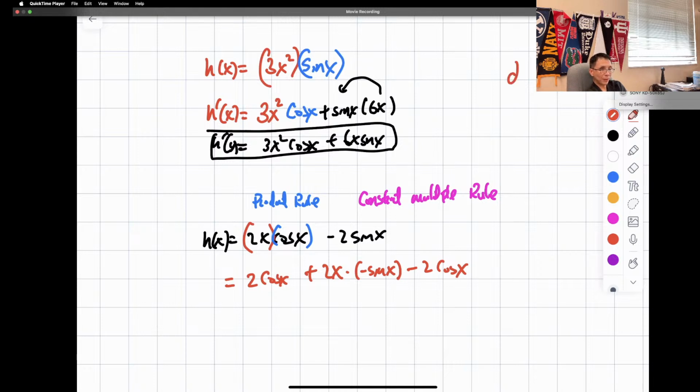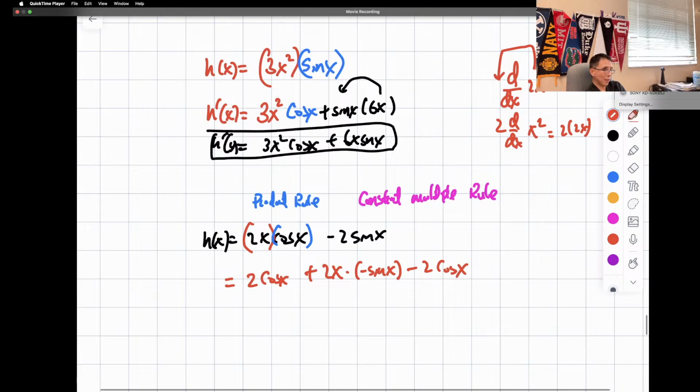Because imagine that you take a derivative of 2x squared. Do I just take the constant outside and focus on the x squared? So it'll be 2 times 2x. Is that okay? Same thing with 2 cosine of x. I just take the negative 2 out and take a derivative of cosine of x, which is negative sine of x.